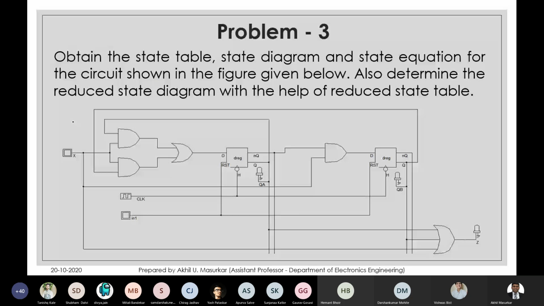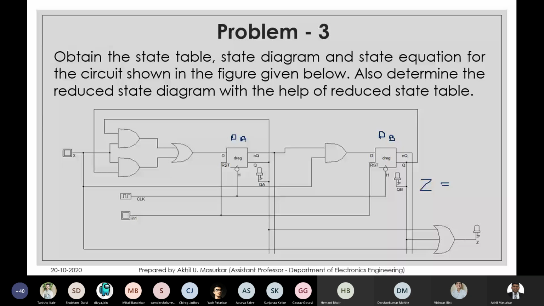Why? Because simply speaking, first, like I told you, identify the things. This circuit is based on D flip-flops. So here we will have DA and DB. Fortunately, that QA plus and QB plus cumbersome task is not there.